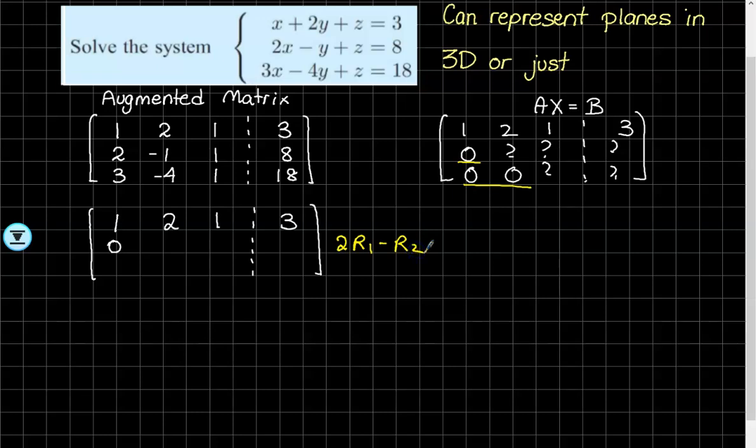Would you agree? And we must write this to the side. So I'm now going to do what I've just said I'm going to do. So I'm going to times this. I'm going to go 2, 4, 2, 6, right? Just times that through by 2. And I'm going to subtract row 2, 2 minus 1, 1, 8.